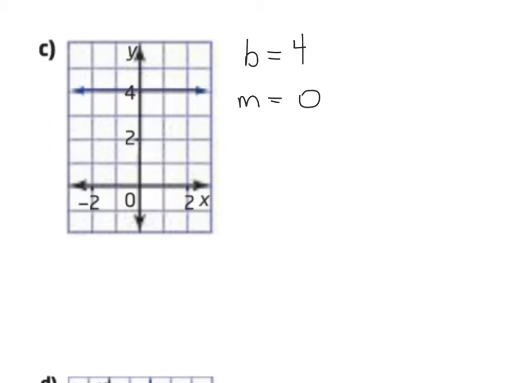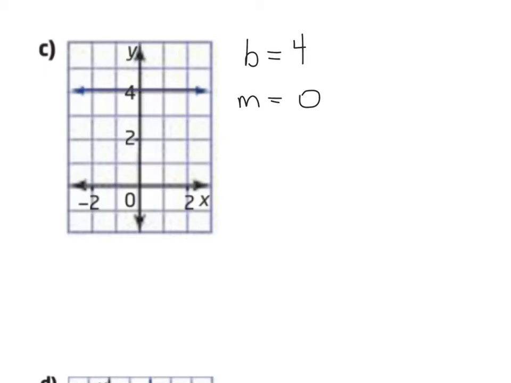Now, if you wanted to show work for this and how you use rise and run to calculate a slope value of 0, you could still map out the rise and the run. For a line that is flat like this, there is no rise. It is not rising or sloping in any kind of vertical direction. So the rise value would be 0. There is, however, a run.